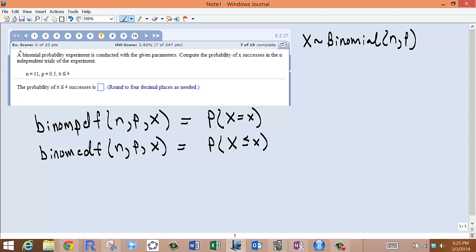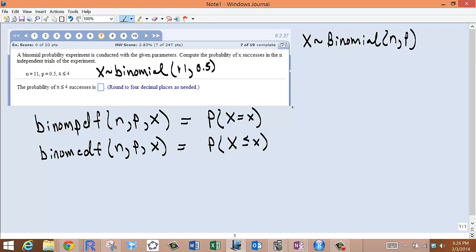So let's take this example here. A binomial probability experiment is conducted with the given parameters. Compute the probability of x successes in n trials. So here we say that x follows a binomial distribution with number of trials n equals 11 and probability of success p is 0.5.